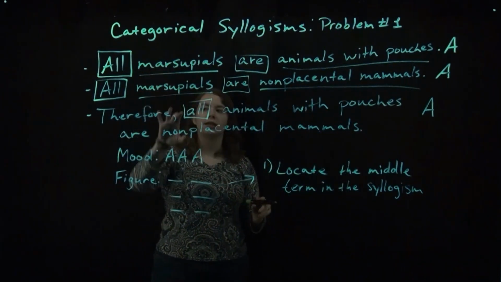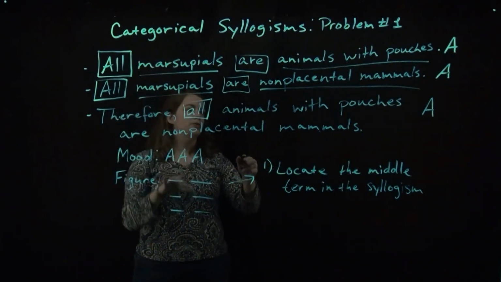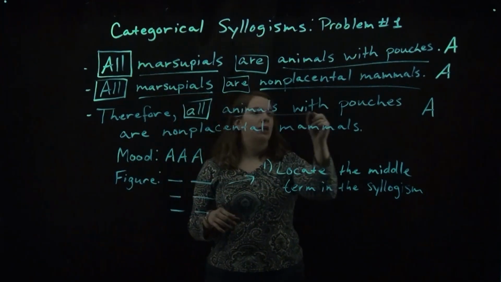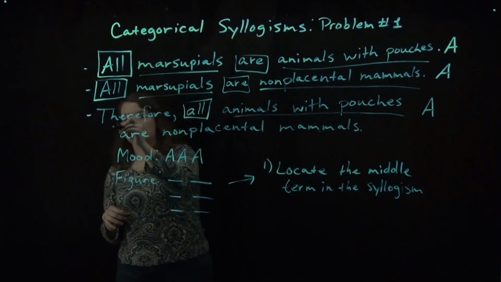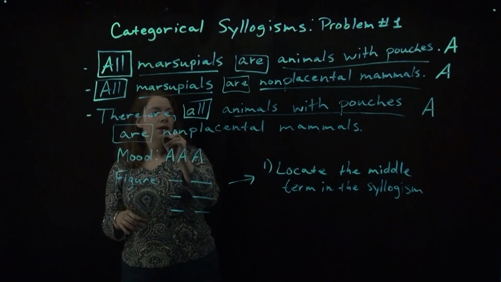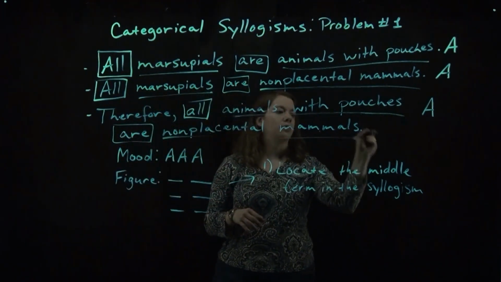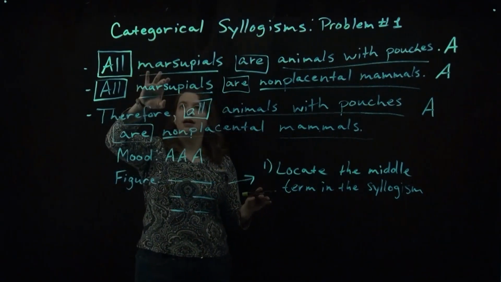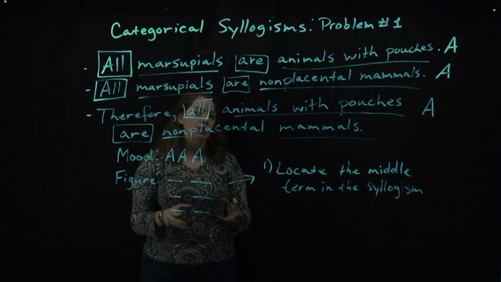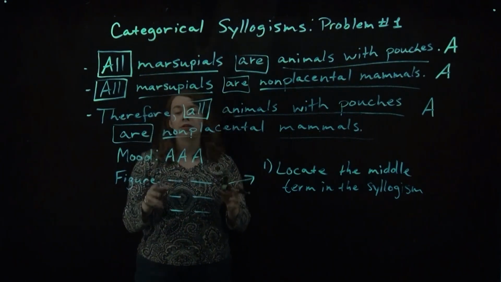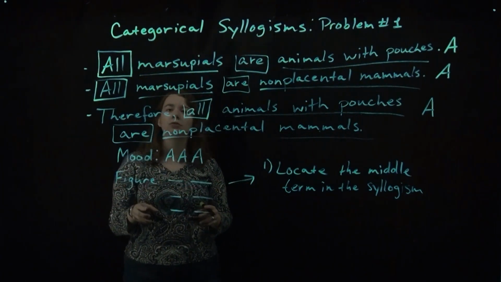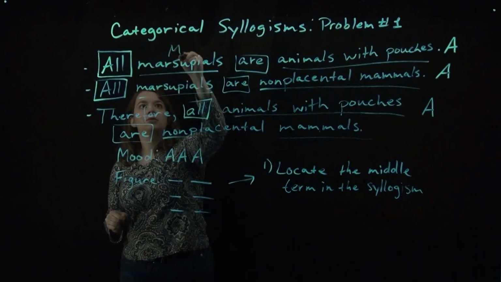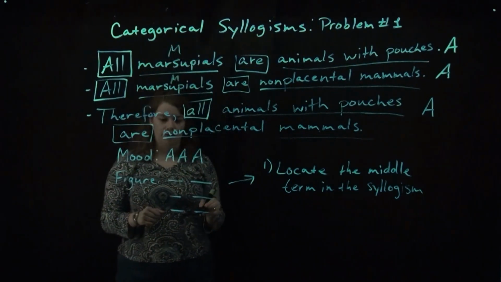Now we can see that in the conclusion, marsupials is not included. In the conclusion, what we have here is animals with pouches, here's our copula, are, and then non-placental mammals. So the term which is included in the premises but not included in the conclusion is marsupials. So this right here will be our middle term, right?